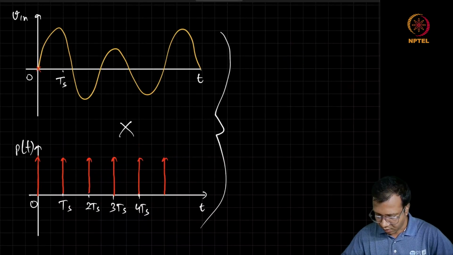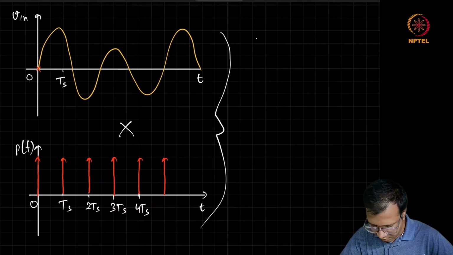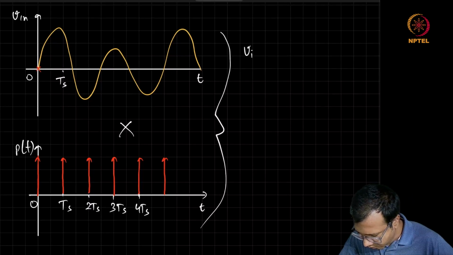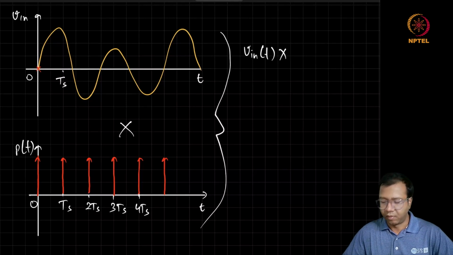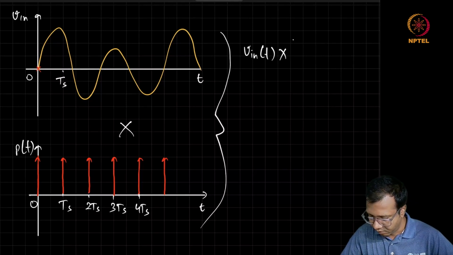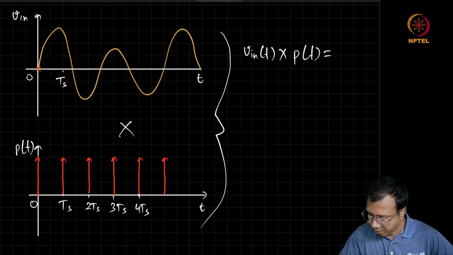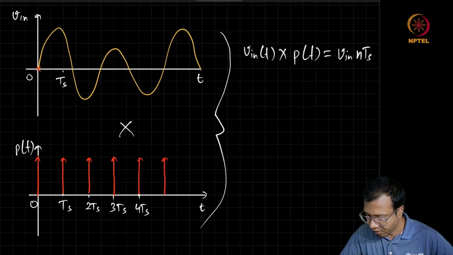So this sampling operation can be written in the time domain as V in of t being multiplied with the impulse train P of t, which gives rise to the input signal samples at time instances n Ts.